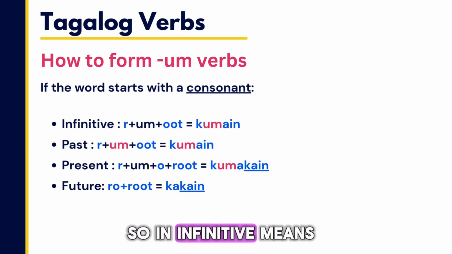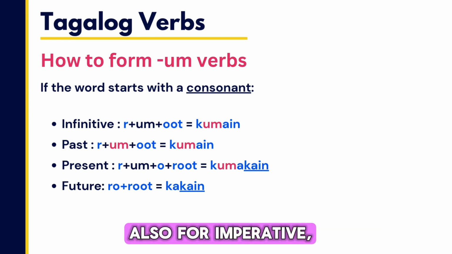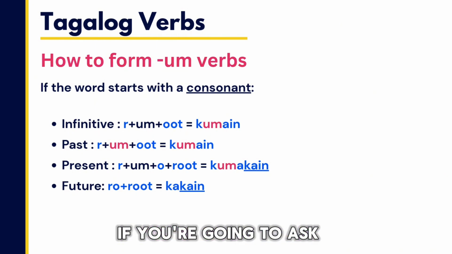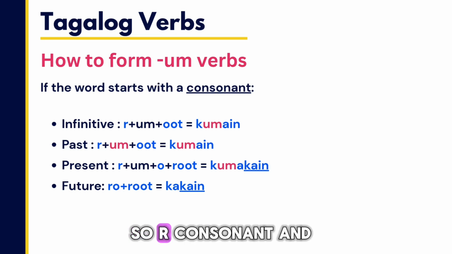Infinitive means to plus verb. For example, I like to eat. To eat. Imperative, if you're going to ask someone, sit down. So you're going to use this conjugation: R consonant, then um after the first letter, and then the rest of the root word.